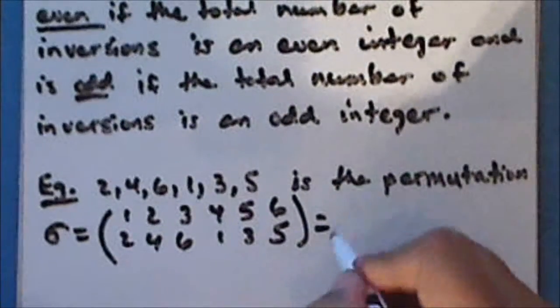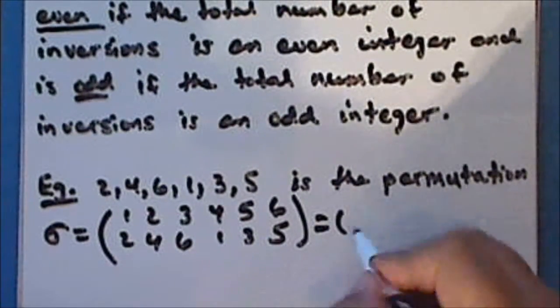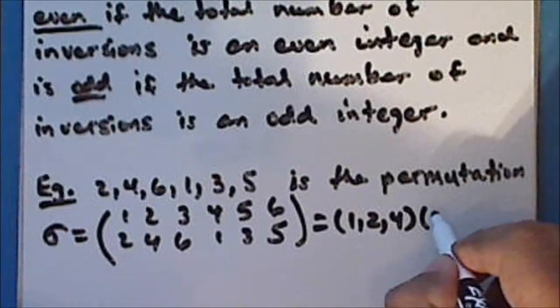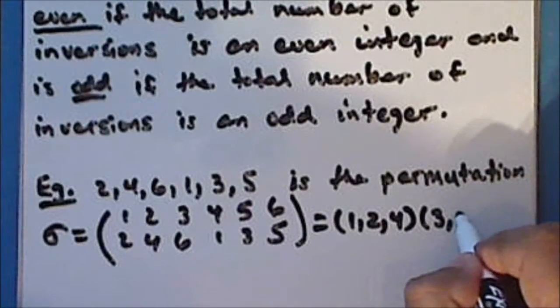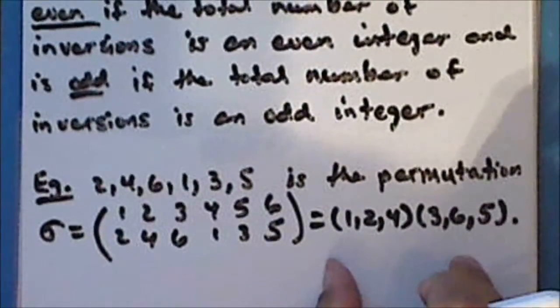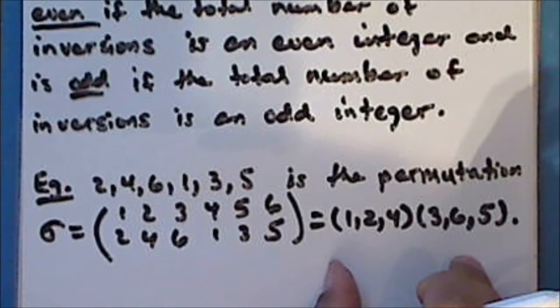In cyclic notation, this is the product of cycles (1 2 4)(3 6 5). Now, as this permutation has 0 cycles of even length, we know that the permutation is even.